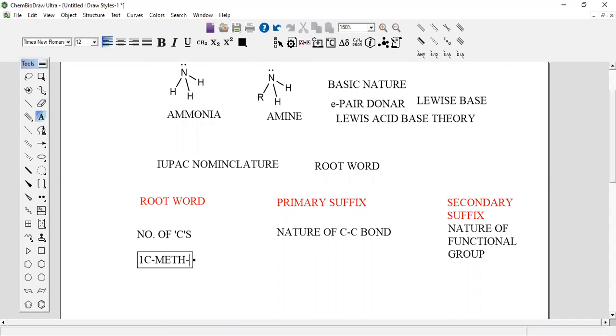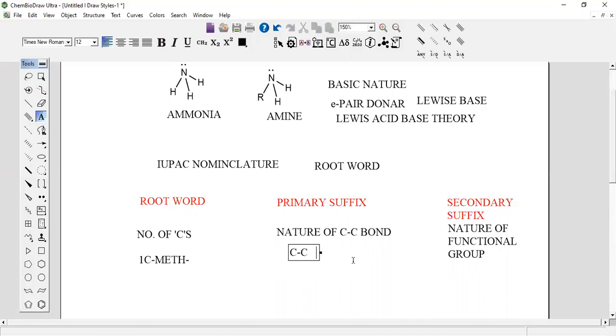Similarly, two carbons: eth. Three carbons: prop. Four carbons: but. Five carbons: pent, very good. Six means hex. What about eight carbons? Oct. Ten carbons: dec.